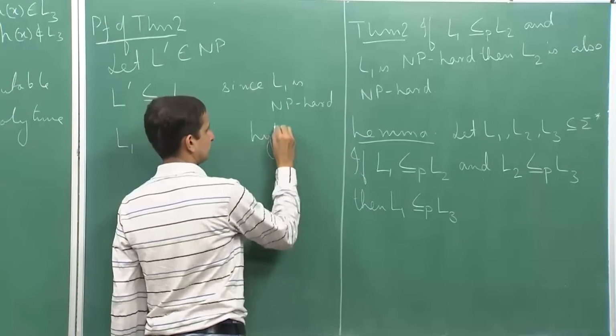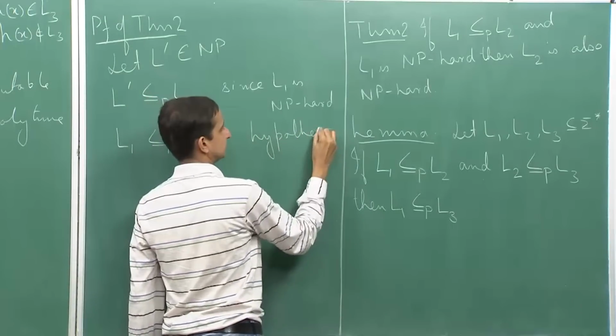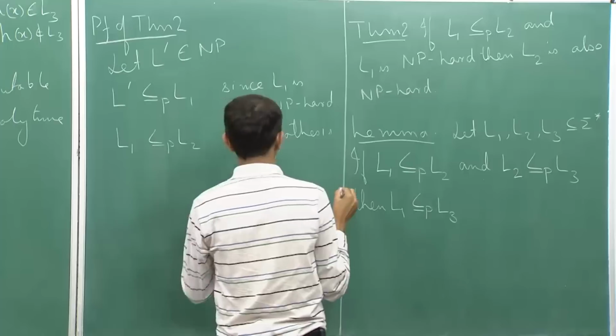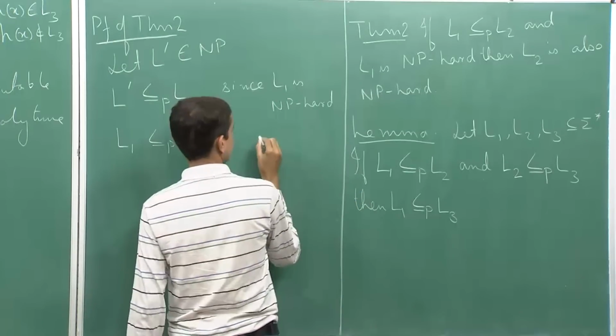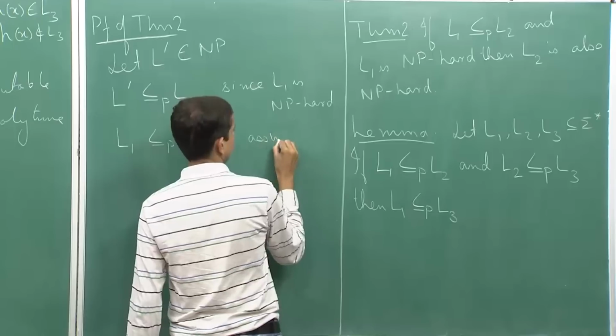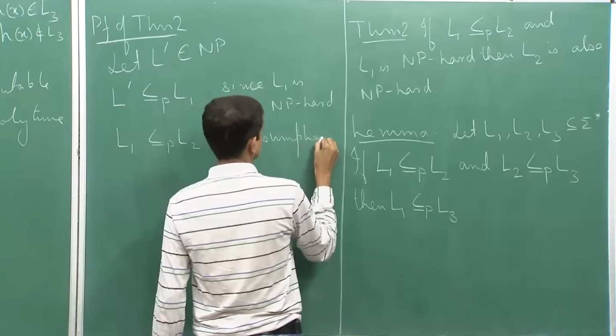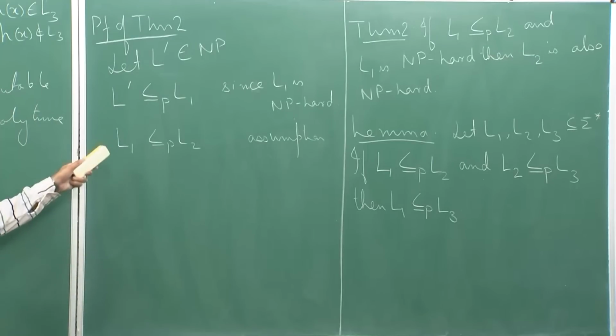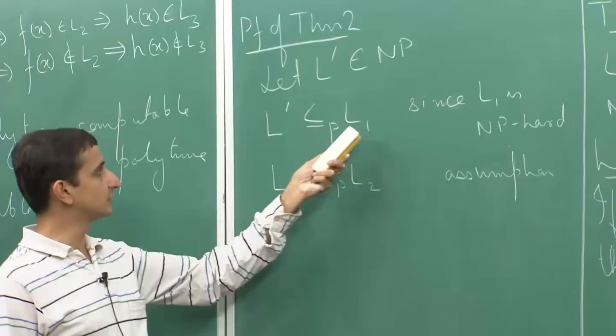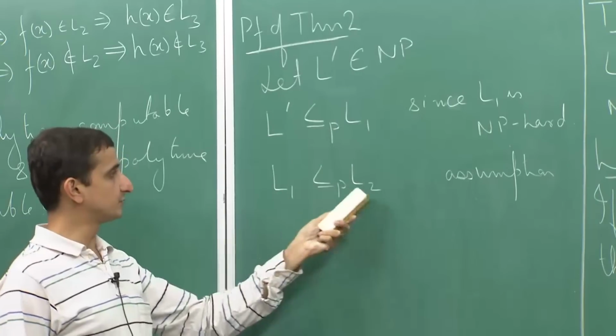This is one of our hypotheses, or not, call it hypothesis, I will just call it assumption. So, now we apply the lemma that we have L prime reduces to L1 and L1 reduces to L2.